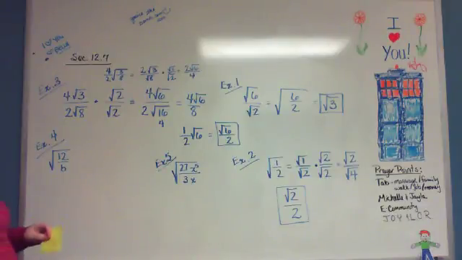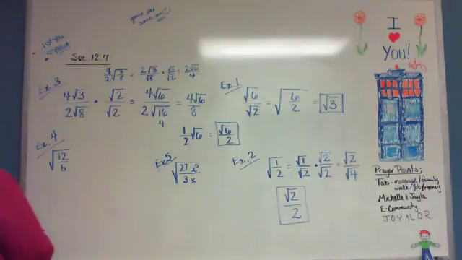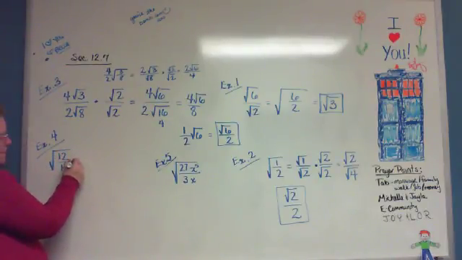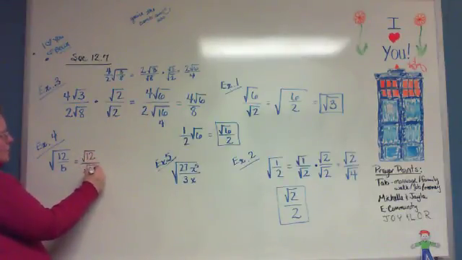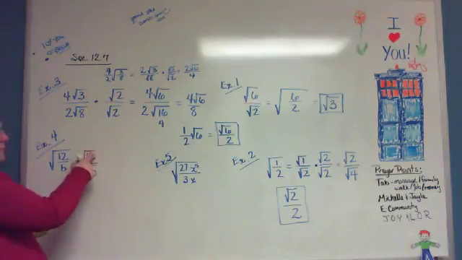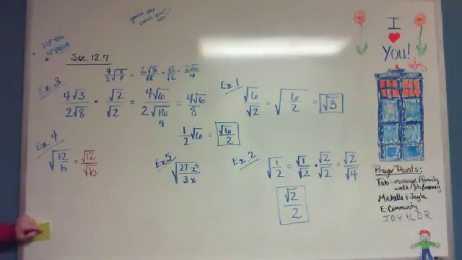Do these in different colors so that you can tell where they're at. So remember, we're trying to make sure we get rid of the bottom radical. So this doesn't reduce down, so I might as well go ahead and split it up. Square root of 12 over the square root of b. Square root of 12 will reduce, but I'm more concerned about the bottom, getting rid of it. So I have to multiply it by something that's going to make it a perfect root.